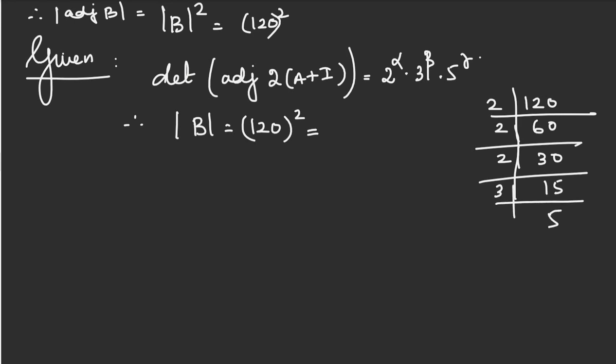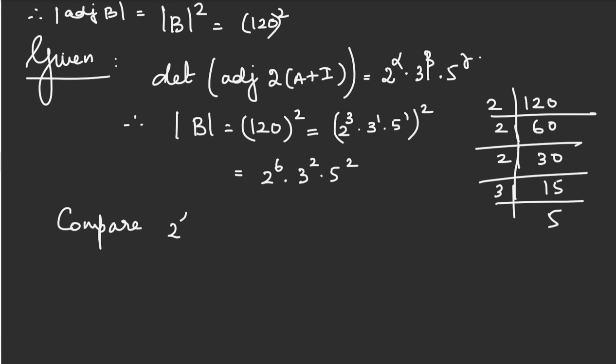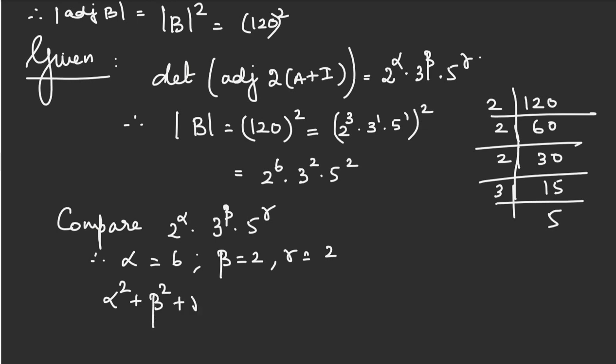So I can write 120 as 2 power 3 into 3 power 1 into 5 power 1, whole square, which is equal to 2 power 6, 3 power 2, 5 power 2. Comparing this with 2 power alpha, 3 power beta and 5 power gamma, alpha is equal to 6, beta is equal to 2 and gamma is equal to 2. Therefore, alpha square plus beta square plus gamma square is 36 plus 4 plus 4, which is equal to 44.